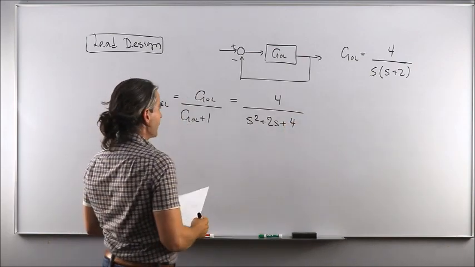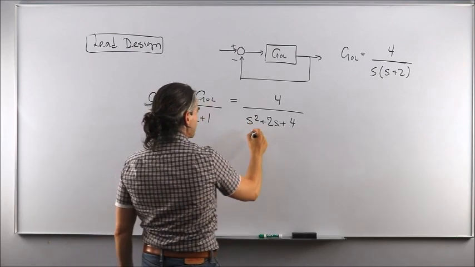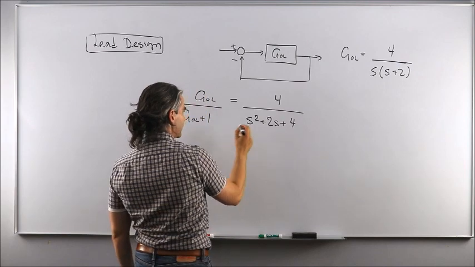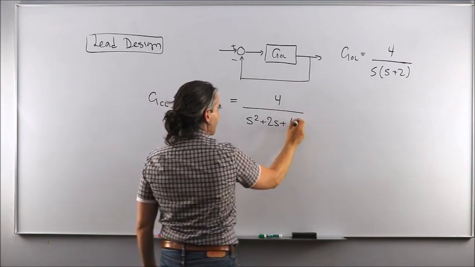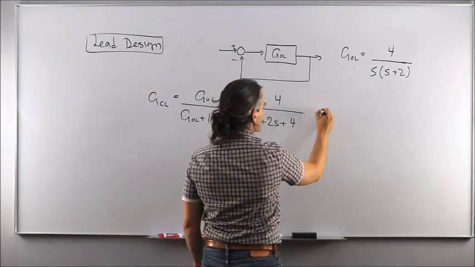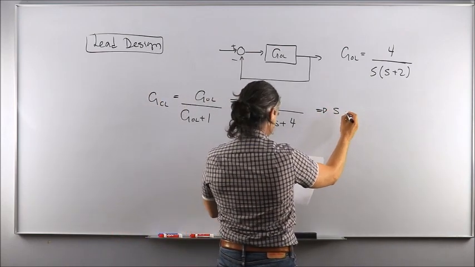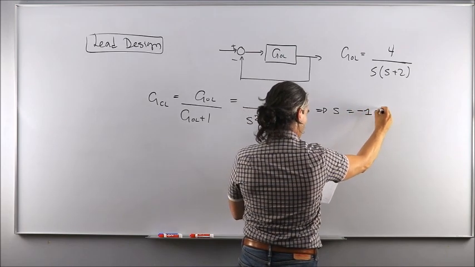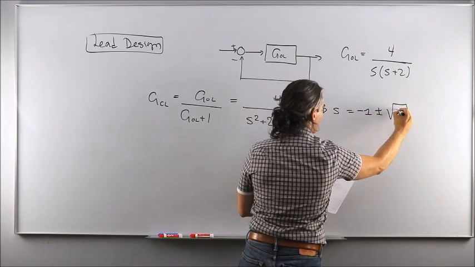Okay. I can solve that characteristic equation myself, or the prof is going to help me out in an exam and give me that the roots of a polynomial with those coefficients, 1, 2, 4, are going to be S equals minus 1 plus or minus square root of 3 j.